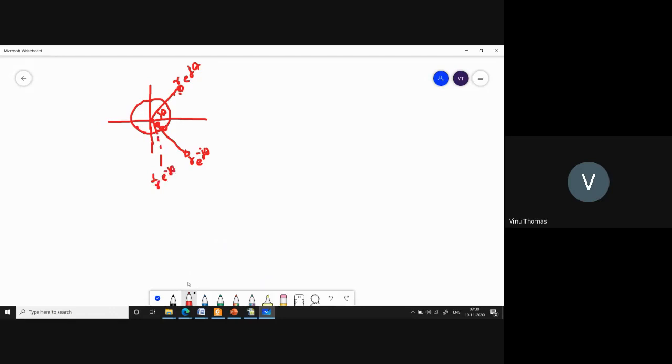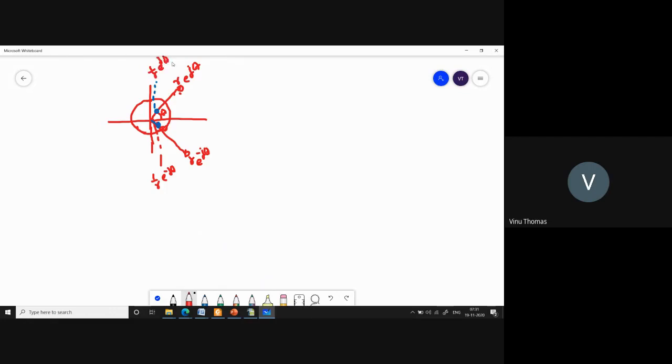We'll mark it using a different color. Mark this up to this. And likewise, 1 by r e power plus j theta is also a zero. So this is 1 by r e power plus j theta.